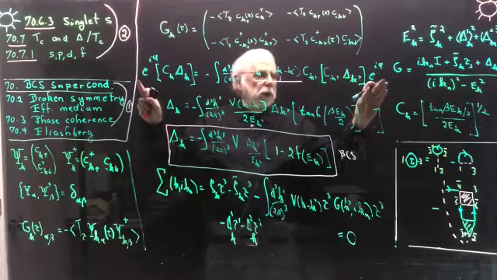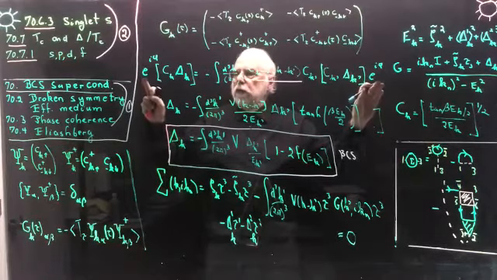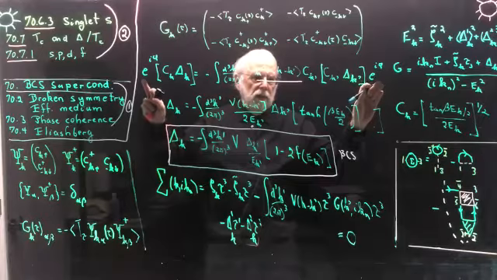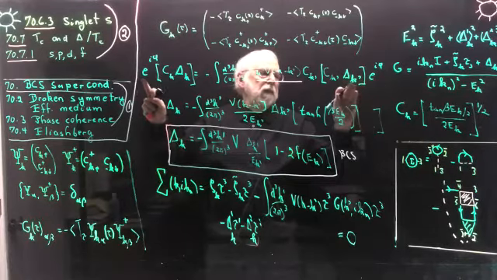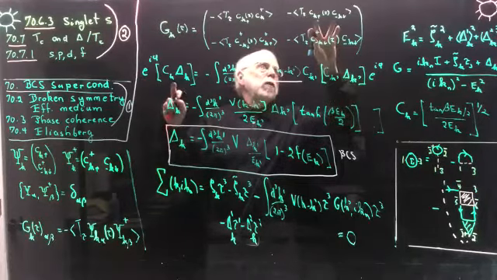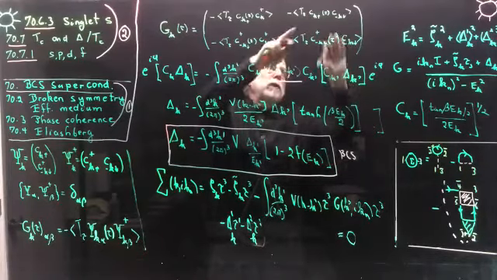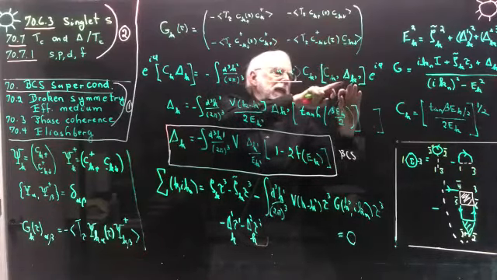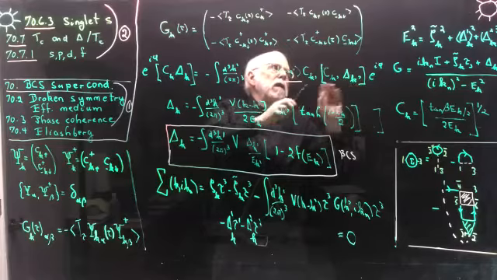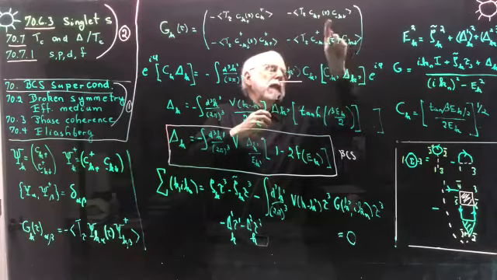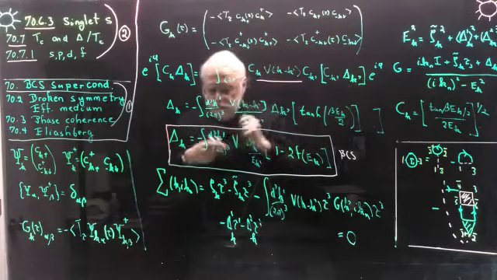So that's an important point: the superconductor is phase coherent. Phase coherent means that for all values of k prime, delta is an off-diagonal component, so it's related to this object.